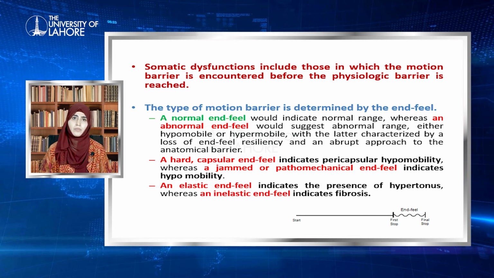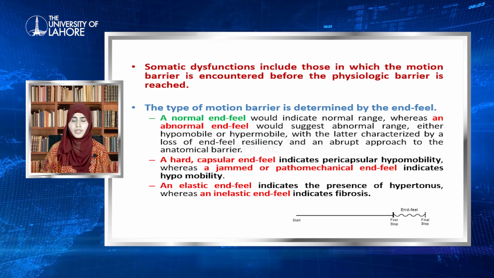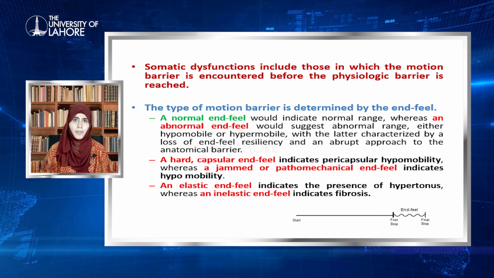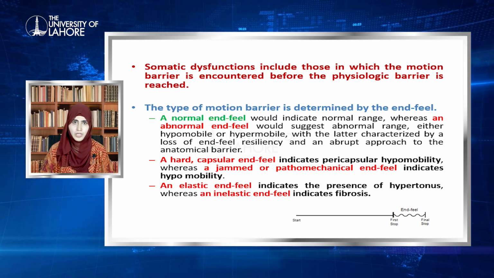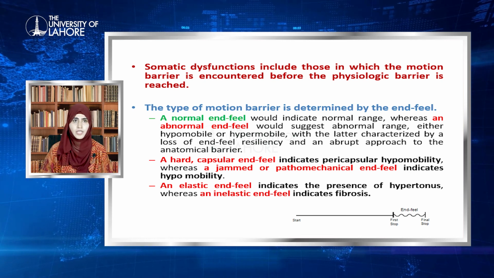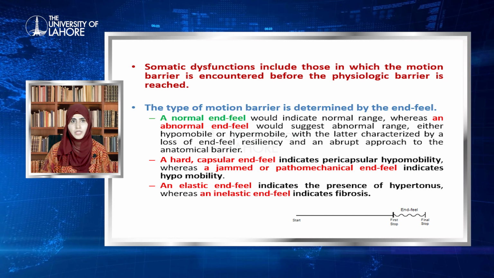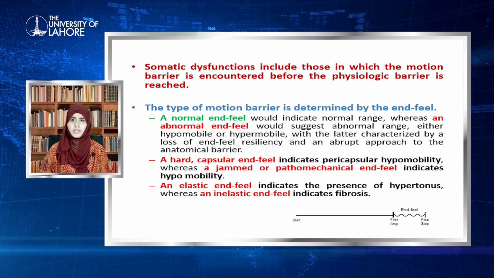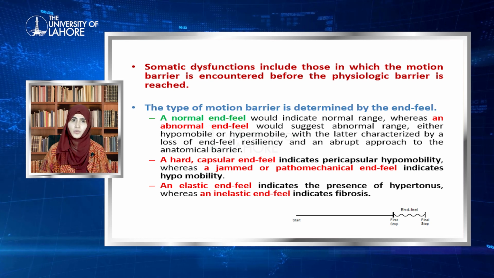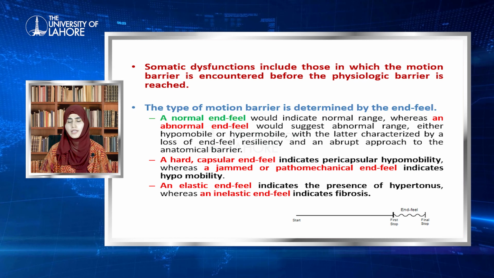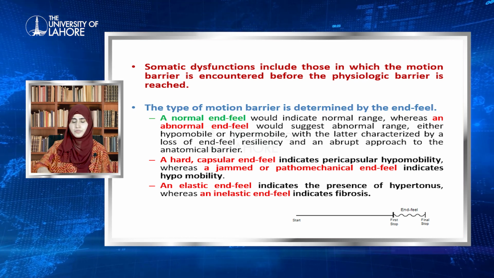Whereas, a hard capsular end-feel indicates pericapsular hypomobility, and a jammed or pathological end-feel indicates total hypomobility of the joint. Elastic end-feel indicates the presence of a hypertonic structure, whereas inelastic end-feel indicates fibrosis.